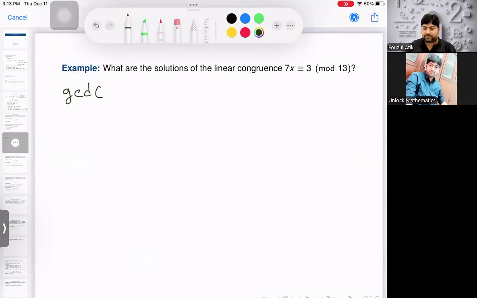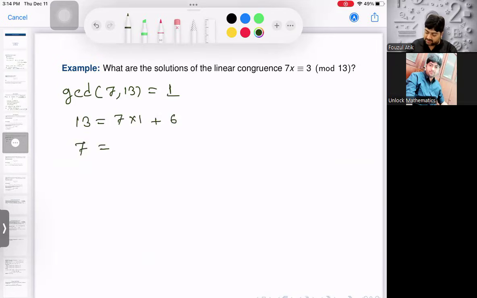GCD of 7 comma 13 is equal to 1. So we can always get an inverse of 7 modulo 13. How to do that? 13 is equal to 7 into 1, plus 6.